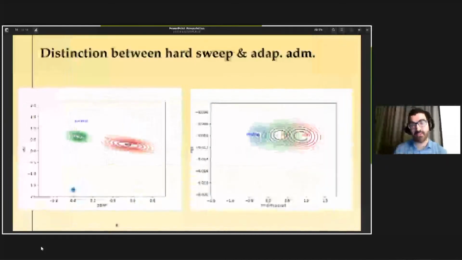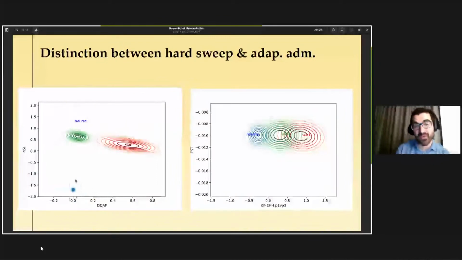And this is the example. Here I'm working with the neutral simulation and scenario 2 and scenario 3, and we can see how they are very well differentiated. Not so well in the case of other combinations of statistics. This is nSL versus DDAF and FST versus XP-EHH. But the important thing is that SWIFR is still able to differentiate between them because it's learning from this plot and this plot at the same time.